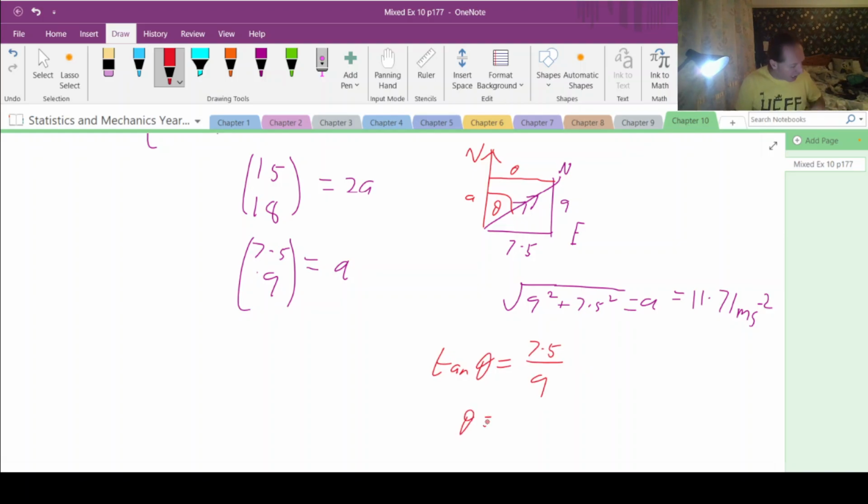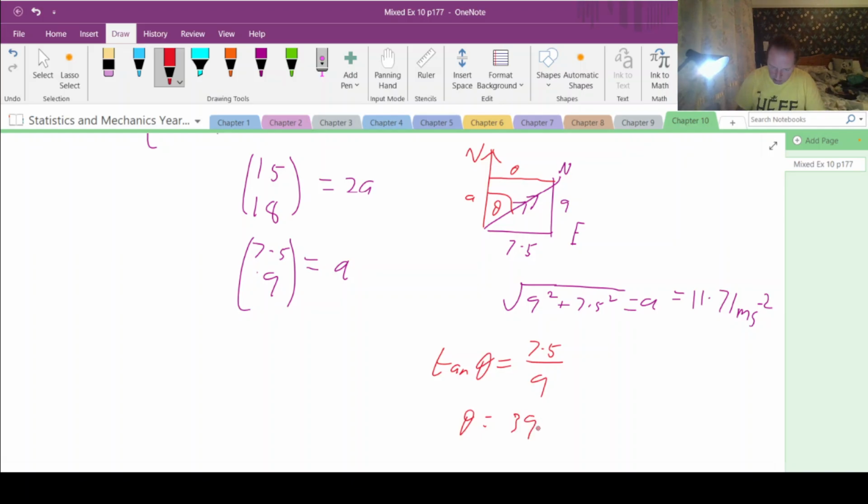Just check your calculator is in degrees as always: the inverse tan of 7.5 over 9 gives us about 39.8.